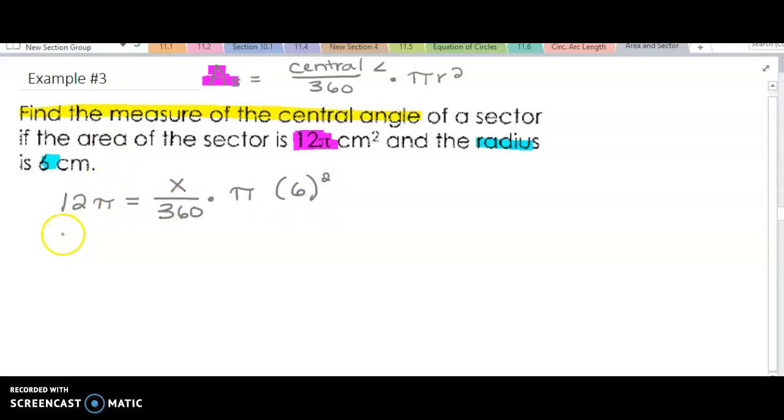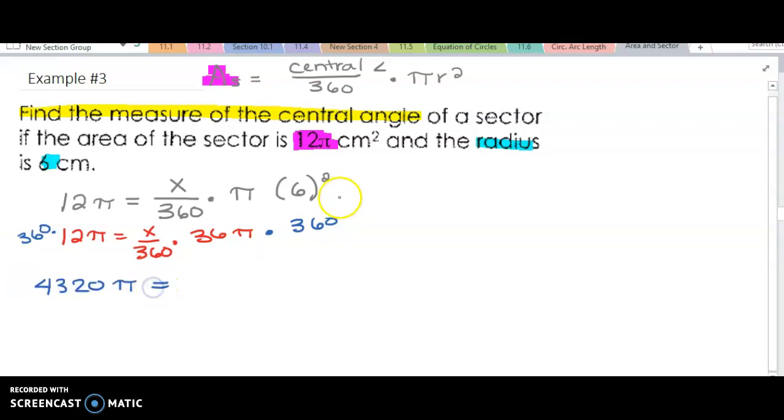Okay, so if I clean this up some, 12 pi equals x over 360 times 36 pi. First thing I'm going to do is multiply both sides by 360. So 360 times 12 is 4320 pi, equals, those canceled each other out, 36 times pi times x.